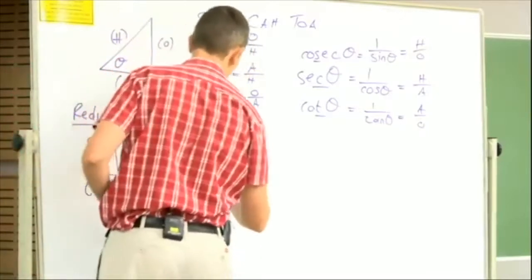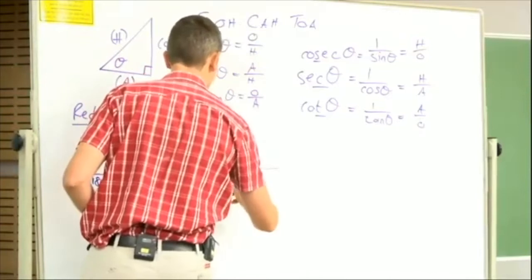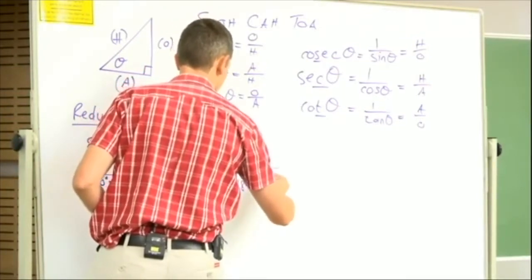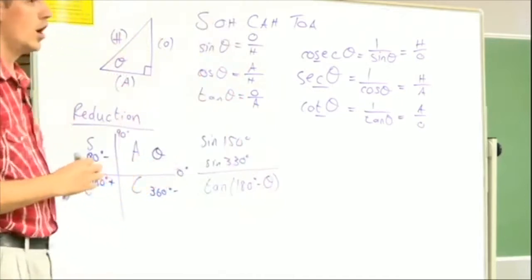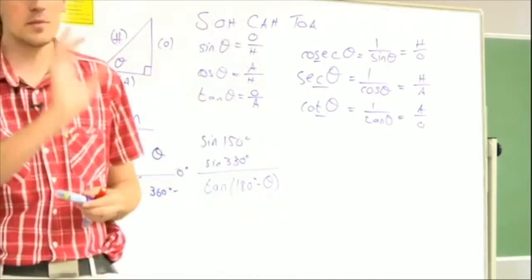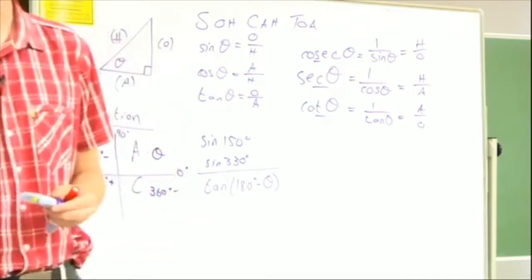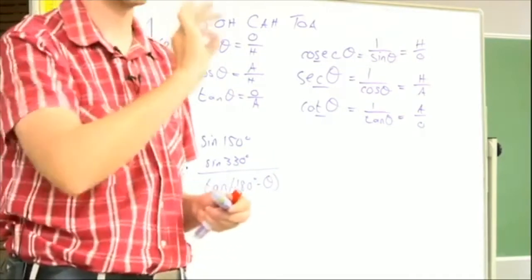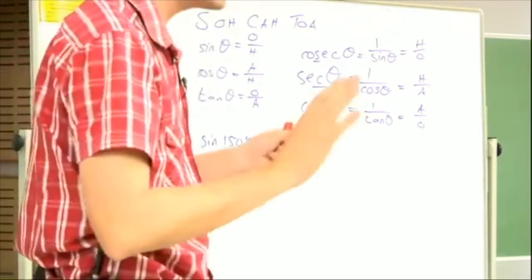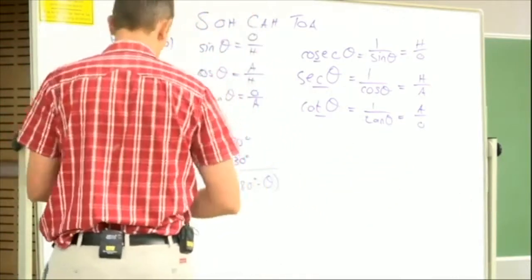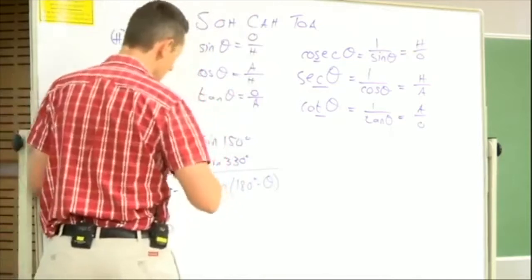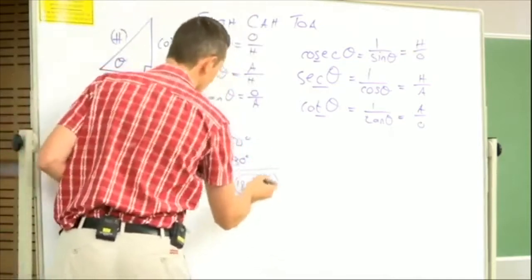if I, for instance, have tan of 180 degrees minus theta, the job of the 180 minus is only one thing: to tell me the quadrant where it lies. Remember that. That's the only reason why it's there. So the 180 minus tells me which quadrant.